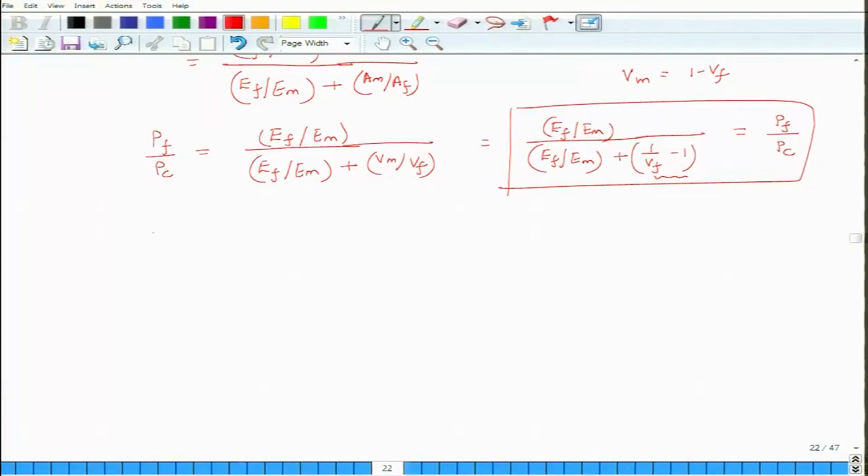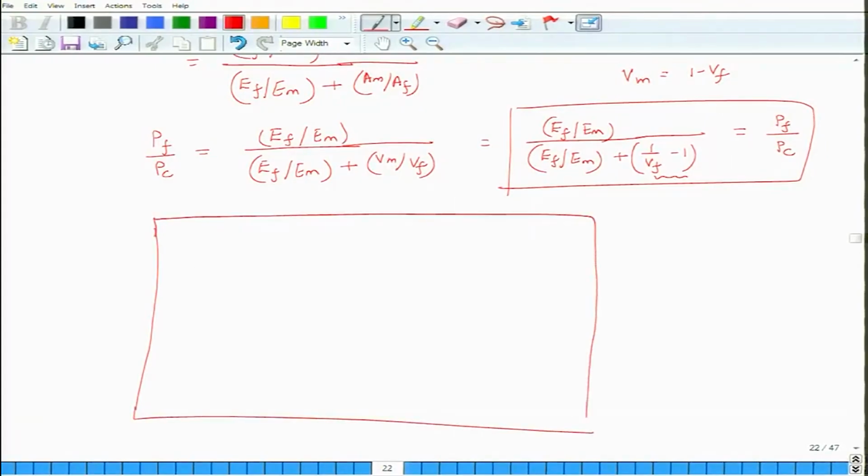So, the graph looks like this. Let us say here I am plotting volume fraction and here I am plotting Pf over Pc.